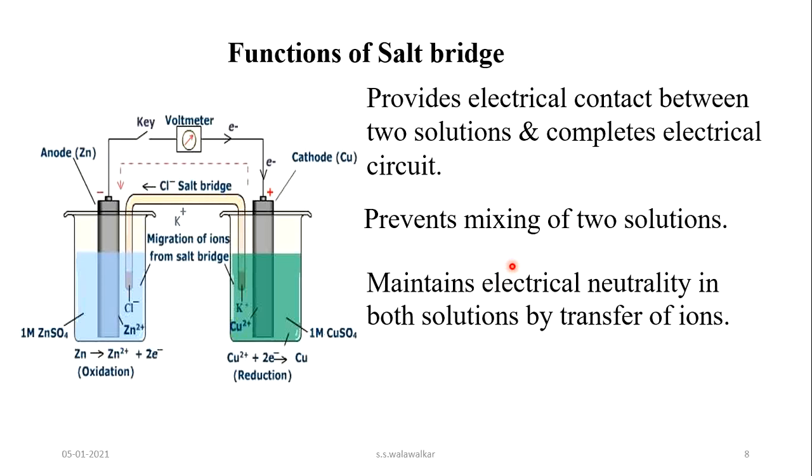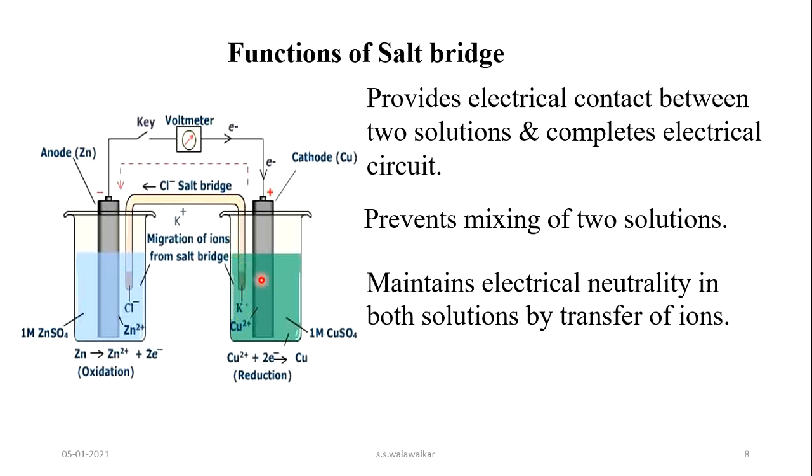Then it maintains electrical neutrality in both solutions by transfer of ions. That I will explain here. You know that at the anode oxidation takes place. The zinc rod gets dissolved and gives zinc ions and electrons. Electrons remain on this rod, and through the electrical wire they are carried to the cathode, and the zinc ions remain in the solution, so in this compartment the concentration of cations increases.